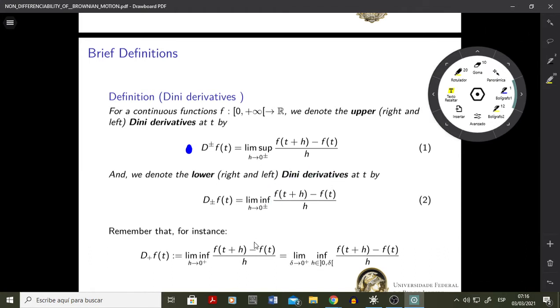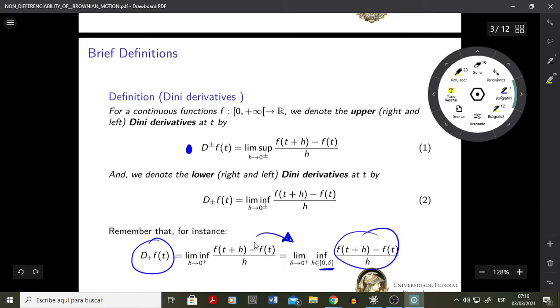Just to remember, for instance, here we have the lower right derivative of f at t, which is the limit when h tends to 0 by the right of this quotient, but this is equal to this, okay? It is the limit when delta tends to 0 by the right of the infimum, taken over all the h in the interval from 0 to delta, of this quotient. Okay, just to remember.